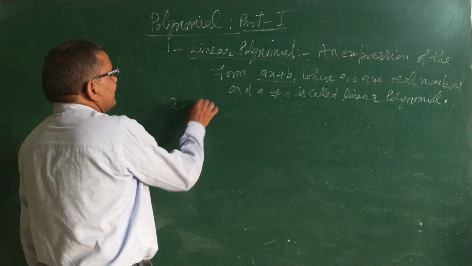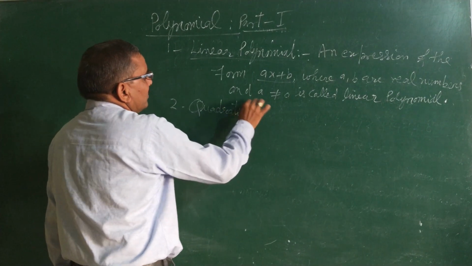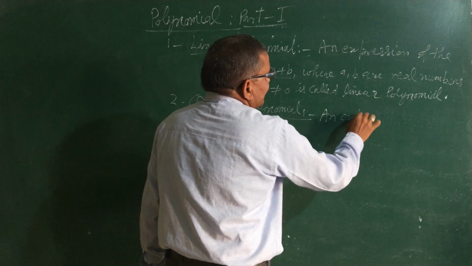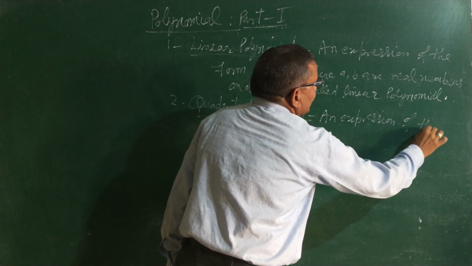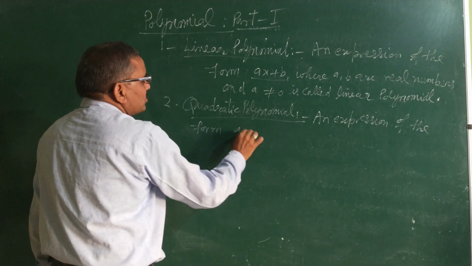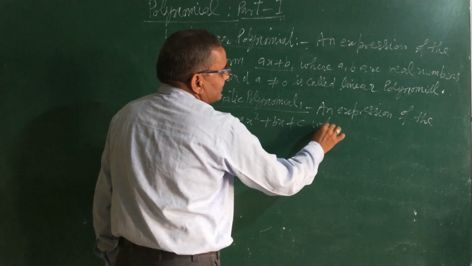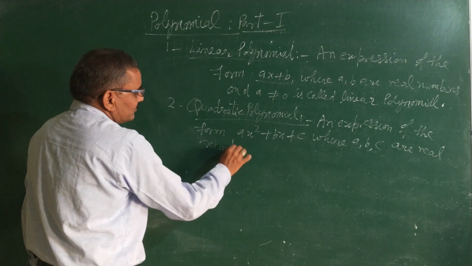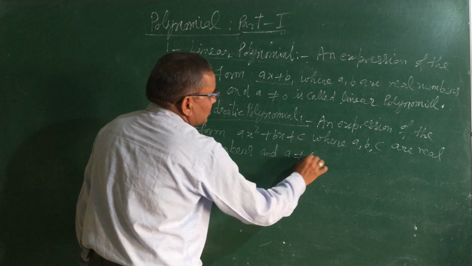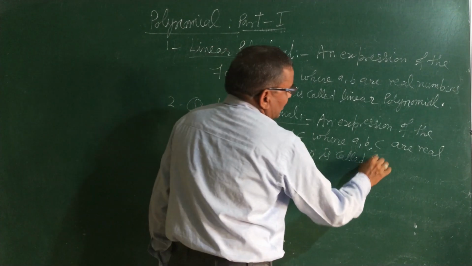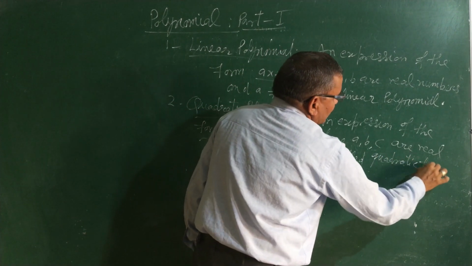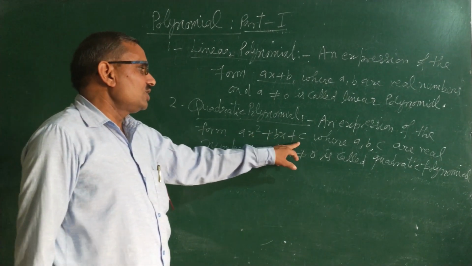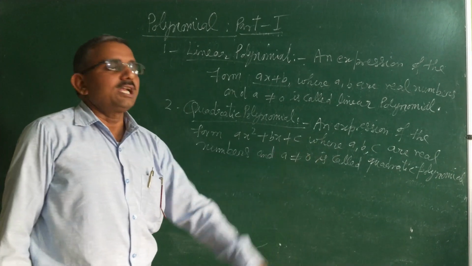The second one is quadratic polynomial. An expression of the form ax square plus bx plus c, where a, b, c are real numbers and a not equal to 0, is called quadratic polynomial.